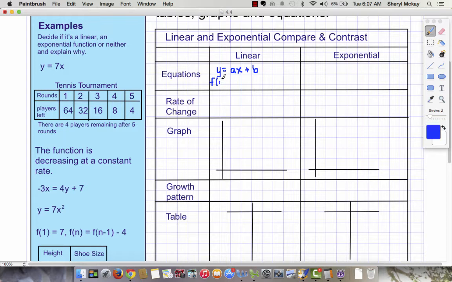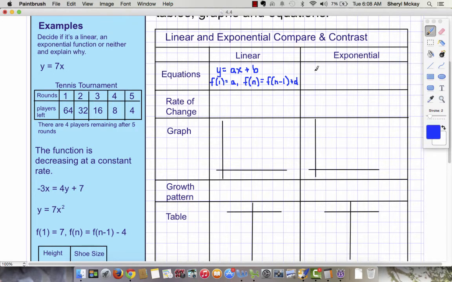F of 1 equals a1, okay? That means the first term. And f of n equals f of n minus 1 plus d, the difference, okay?